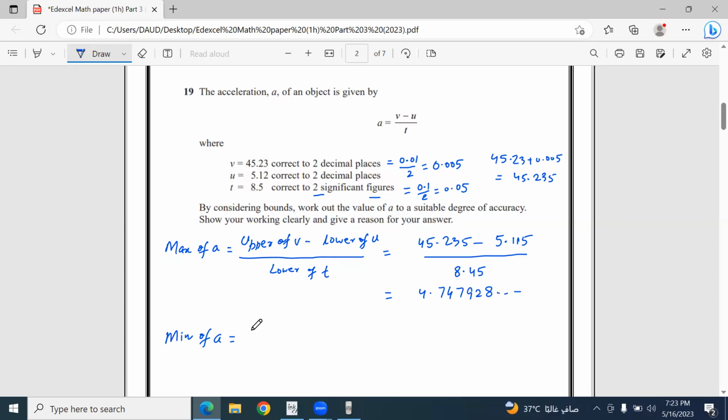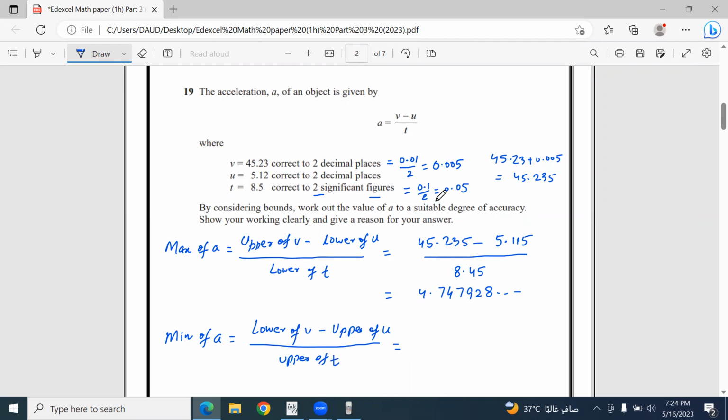So here you can say that the lower value of v minus upper of u, because we are looking for the minimum numerator, over the maximum or upper of t, upper value of t.